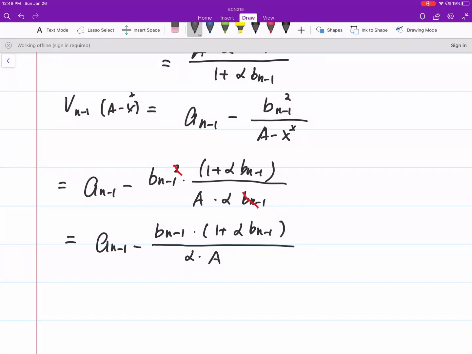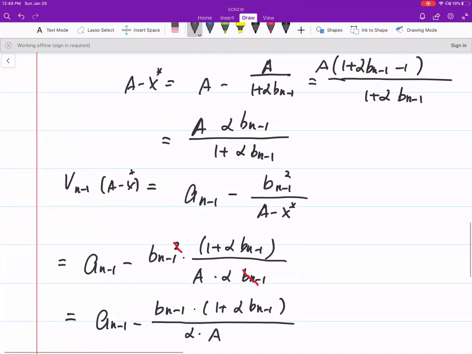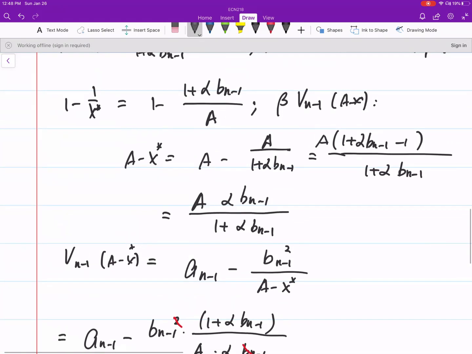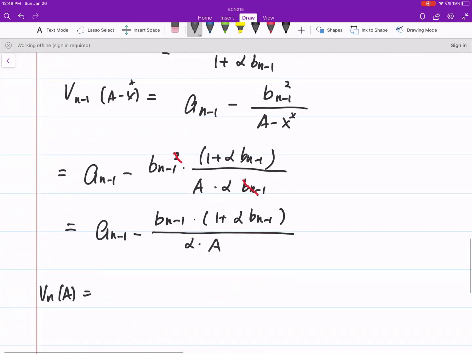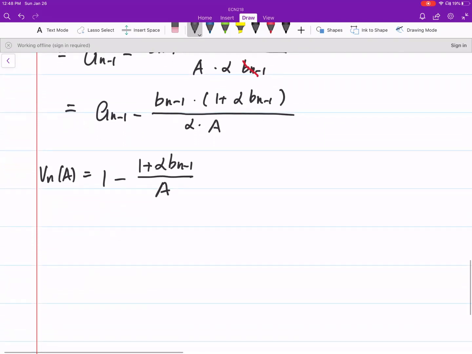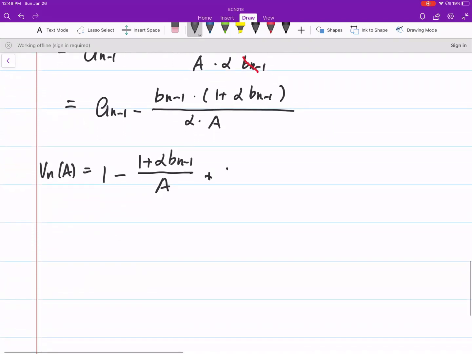Now we look at what's going to be v_n. v_n of A, plug in the maximum value, then we have 1 minus 1 over x squared, this part. So let's copy it over here. So it's 1 minus 1 plus alpha b_{n-1} over A. Okay, and we have over here plus beta, that's alpha squared.